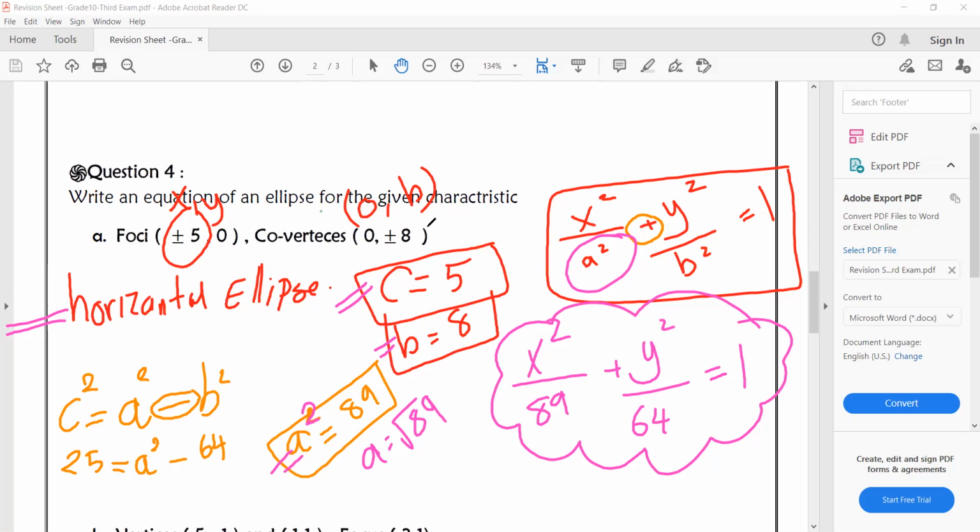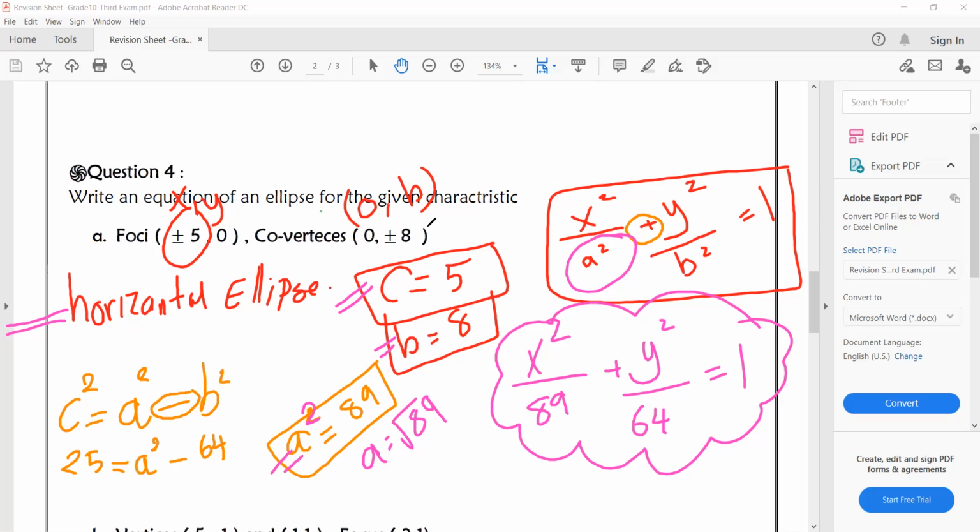Here C squared will be the same, A squared minus B squared, but you find that the value of A is now less than the value of B. So you will say it is Y squared over B squared plus X squared over A squared equals 1. We have to do the same steps, but with different numbers. The equation will be different also.